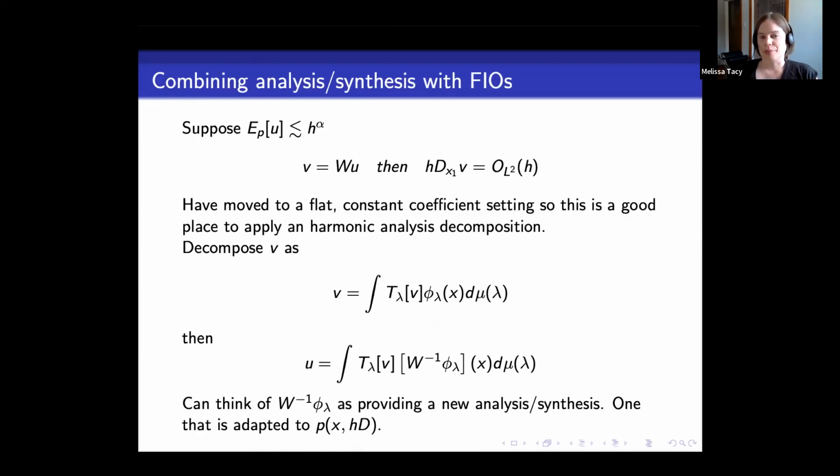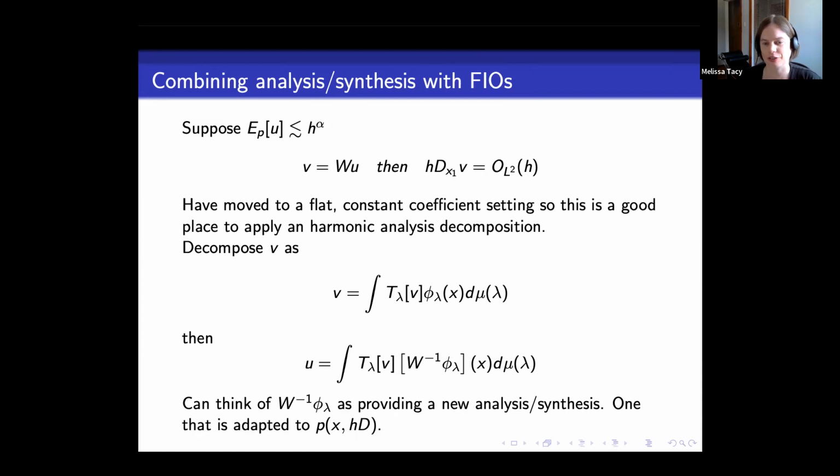All right, so now I want to combine this with the FIO. Suppose I have E of P U equal to 0 or H, and I do my transformation so that I'm now reduced to satisfying my constant coefficient equation. Now, all of these analysis synthesis, these tend to come out from harmonic analysis from the constant coefficient case.